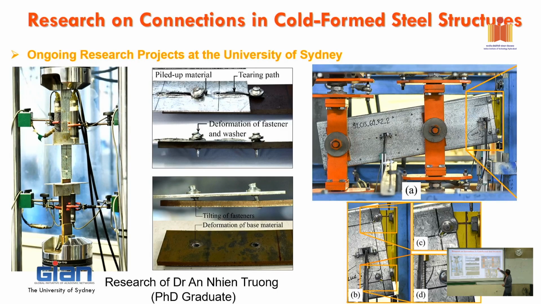We have two actuators. This is just in terms of research, nothing to do with design. Design is very simple, but in terms of research, we're trying to test the connection.